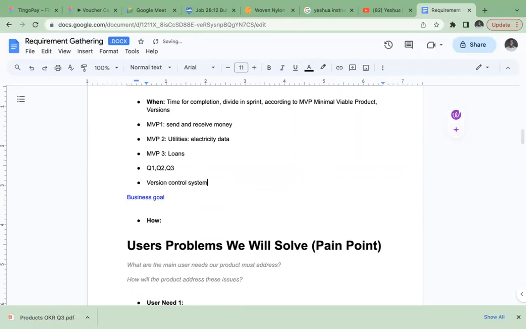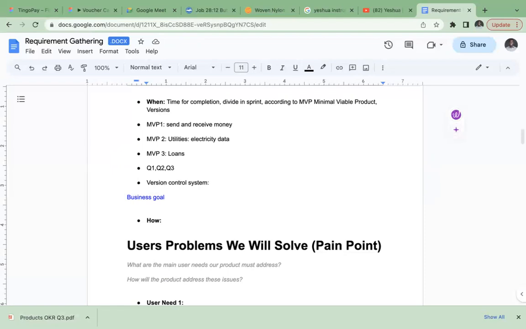Sorry, I have a question. Does it mean that before the product is launched, it must have fulfilled all these requirements, or can these requirements be added with updates? Yes, the requirements can be added with updates, but we must tackle one after the other.